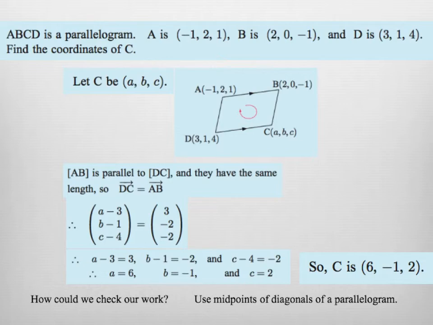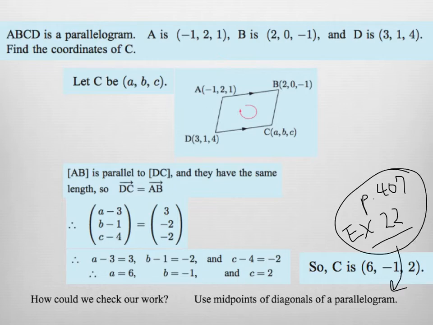So using a little bit of geometry, you're going to be able to remember that this segment and this segment will bisect each other, so they should have the same midpoint. Okay, so you could do a little bit of geometry there to test your calculations, and you can look in your book. It's in example 22 on page 407. Okay, and that shows you how to do this method as well.